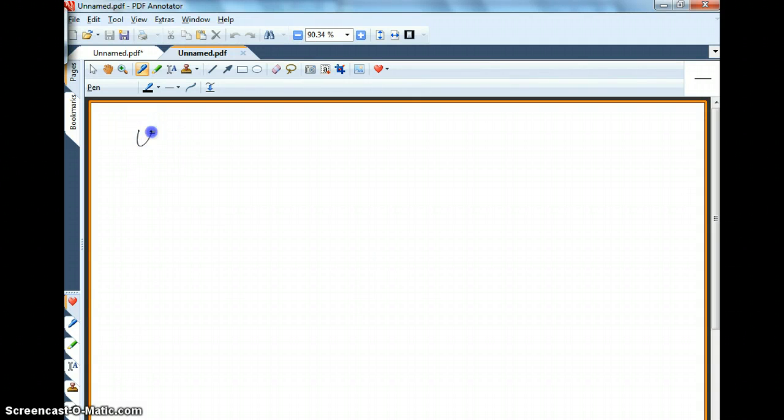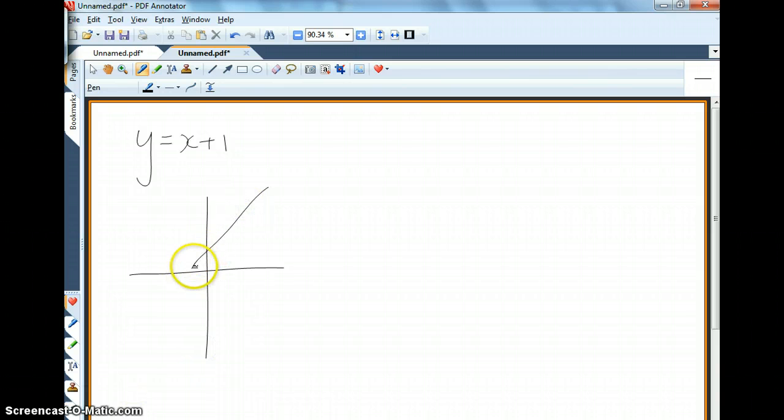Like when we did x plus 1, we remember how the graph shifted up 1? That's what happens when you put plus 1. Remember this, Christy?